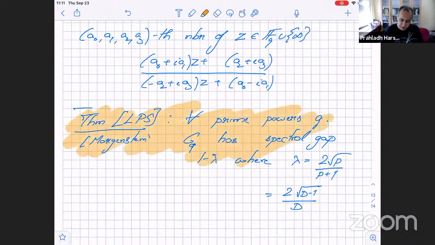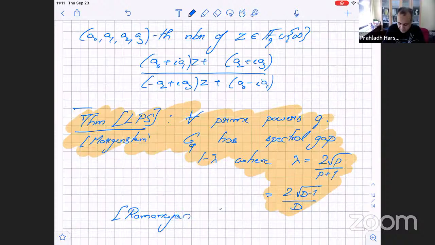These were in fact the first known Ramanujan graphs. They come very close to the Alon-Boppana bound. Random graphs are a little off, by an order 1 over n term, while these achieve it. These are the graphs which have the best spectral gap.